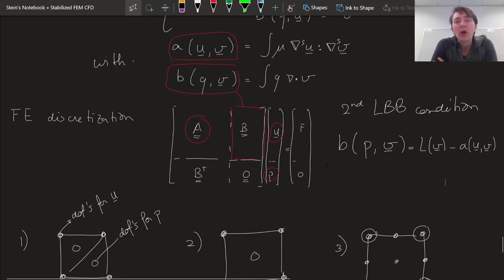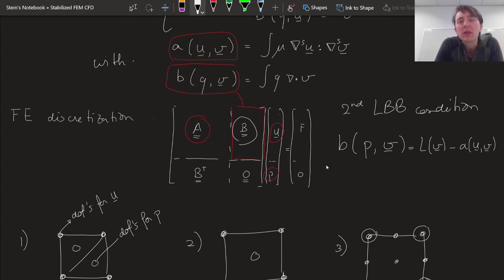And our inf-sup condition said something about the full rankness of this matrix B. So what does that explicitly mean? Well, that means that for any possible vector of coefficients P, if I multiply B by P, I will always get a different result if my P is different.